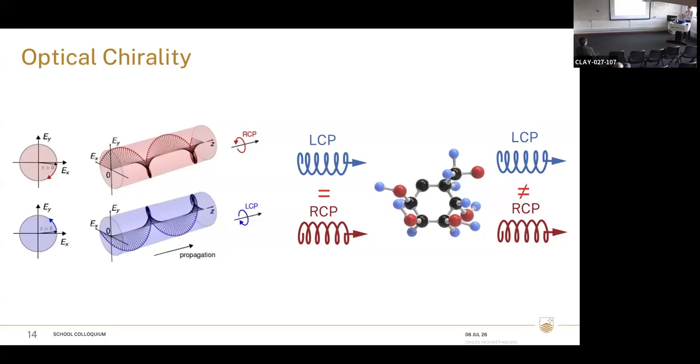If we have a solution of sugar, the LCP light and RCP light will have different transmission. But in nature, such material has quite a low chiral response. To overcome this, we need to create new artificial materials, metamaterials.